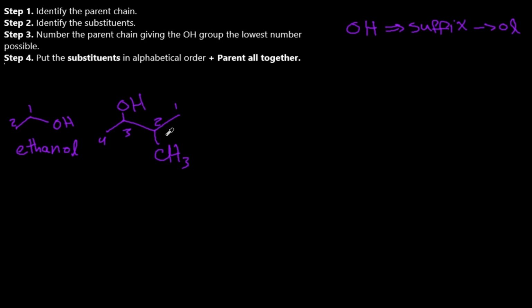So I have to remove this, and the correct nomenclature here should be, I should start numbering from the left, 1, 2, 3, 4. Then this compound is called 3-methyl 2-butanol.